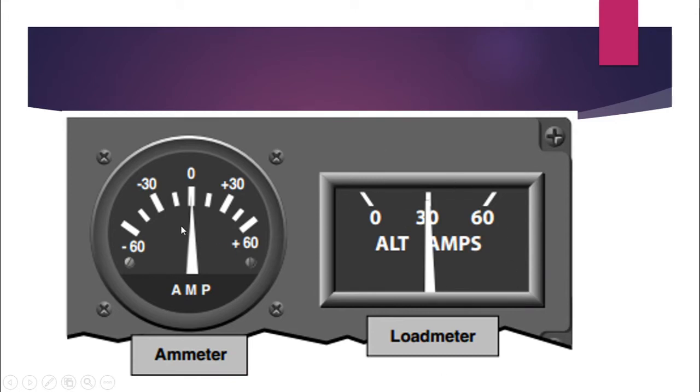If your alternator is producing enough current and is capable of running everything, then you're doing fine. But if there's something wrong with the system and say it's discharging, then maybe you want to drop some electrical systems so that not as much electricity is being used. So the load meter will help a pilot gauge that.